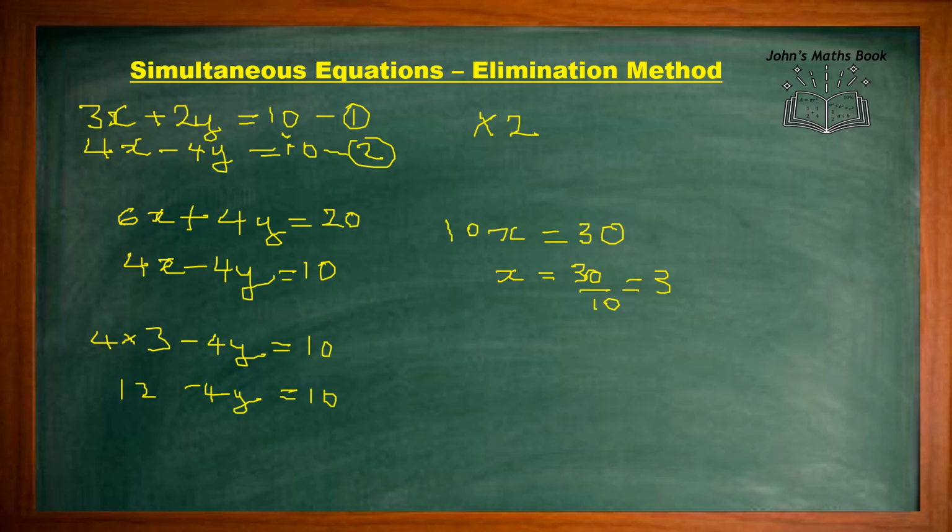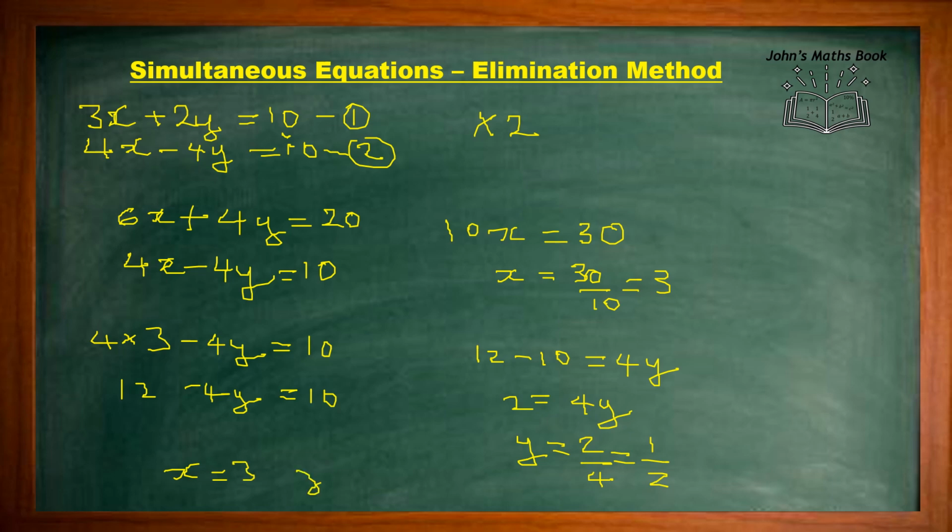So that will give 12 minus 10 equals 4y when we move them across the equal sign. And that will give 2 equals 4y. And therefore, y in this case is equal to 2 divided by 4, which is equal to a half. So our solution in this case is x equals 3 and y equals a half.